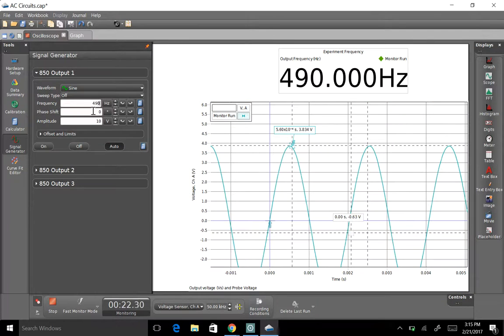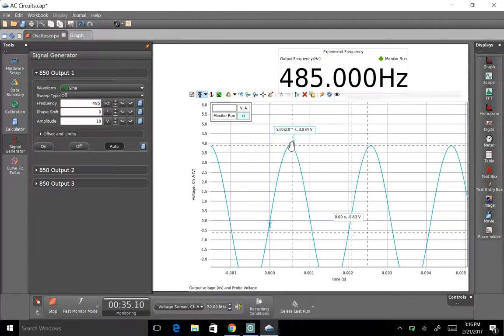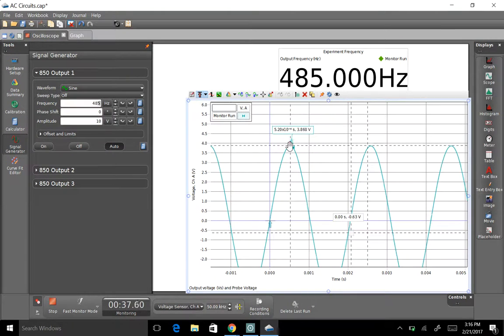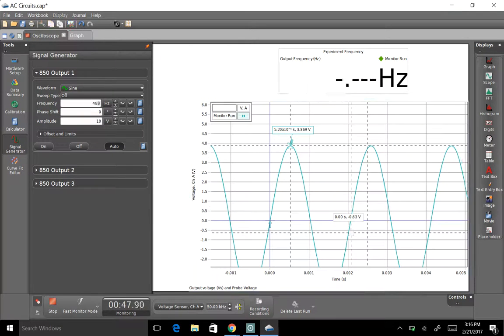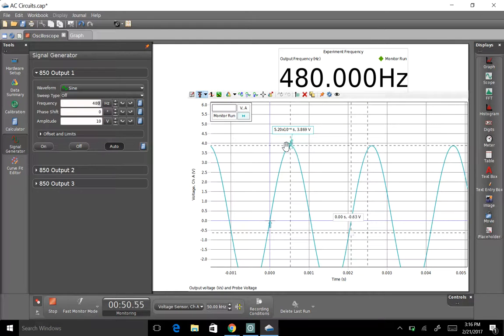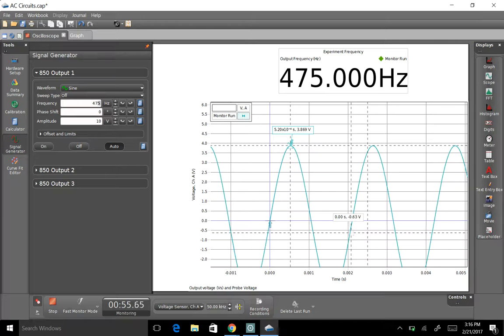Okay, so let's go down to 485. 3.87. That's the same as well, isn't it? That's higher? Yeah. Okay, so then let's go down some more to 480. Well, as far as I can tell, that's the same. So go down some more. 475. Wow, it appears exactly the same, doesn't it?